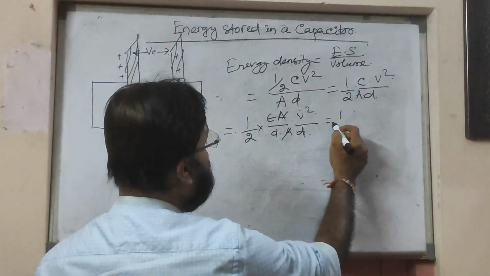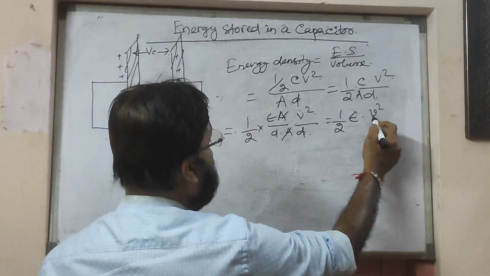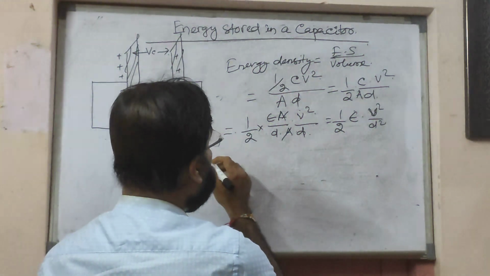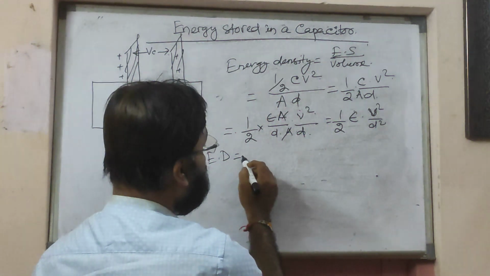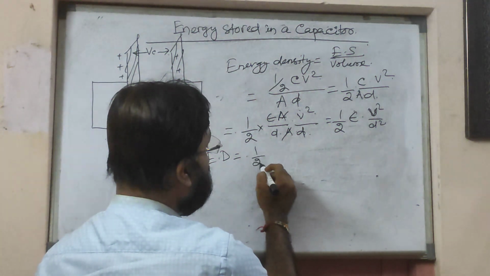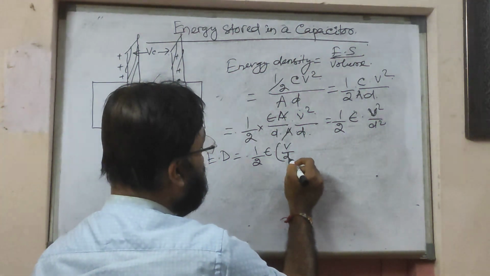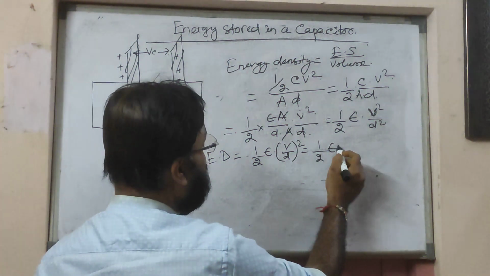So we can write the energy density as half into epsilon into V by D whole square, and V by D is nothing but the electric field intensity.